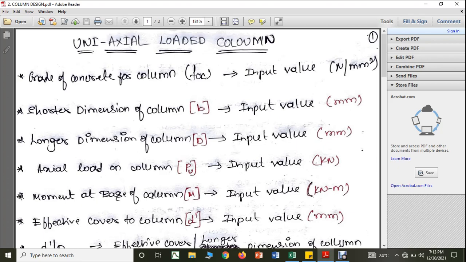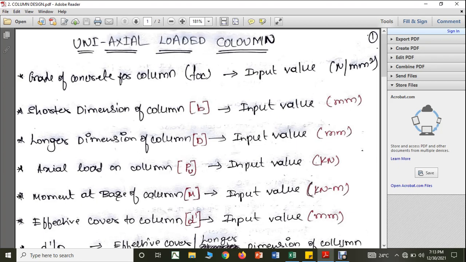The second type is along with the axial load, they will have a moment in one direction, and we call that uniaxially loaded columns or single moment axially loaded columns. And one more is you have axial load along with two moments, one in one plane and another in the other plane. We call them biaxially loaded columns. So these are the three types of columns.